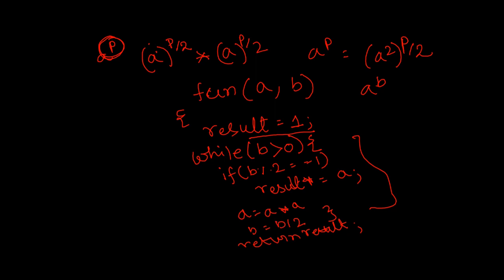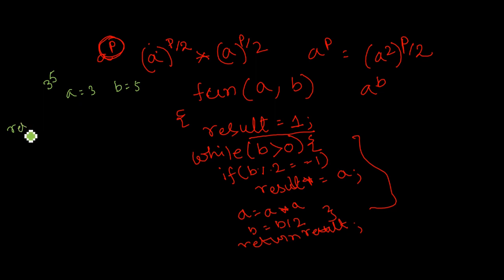Now I will show you one case while running. Let's take 3 to the power 5. At first the value of a is 3 and the value of b is 5. B is greater than 0, so it will come into the loop, and b is odd.